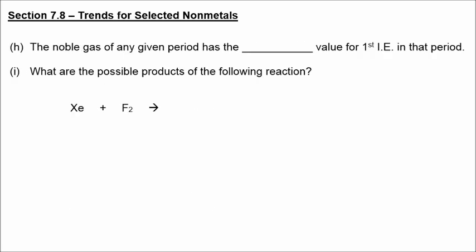All right, the noble gas of any given period, so unlike the alkali metal that has the lowest value, the noble gas has the highest value for that particular period. And then our next little answer here has to do with xenon fluoride.